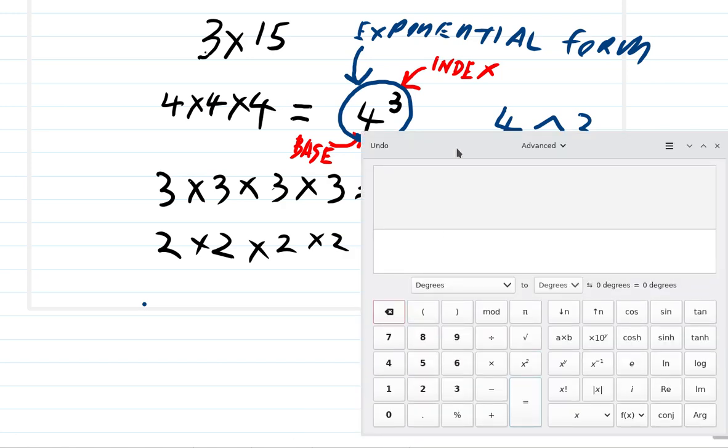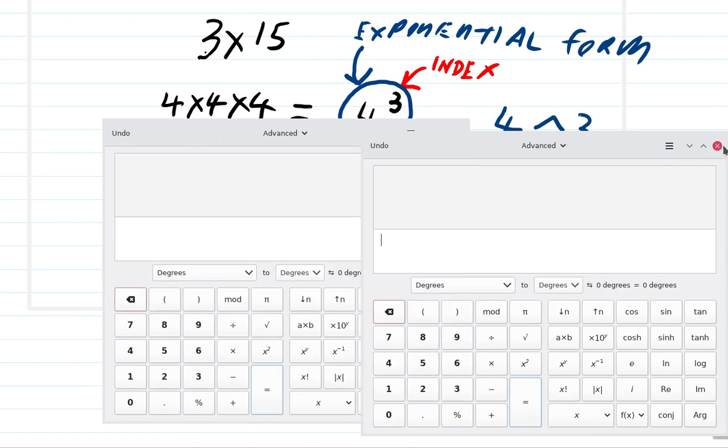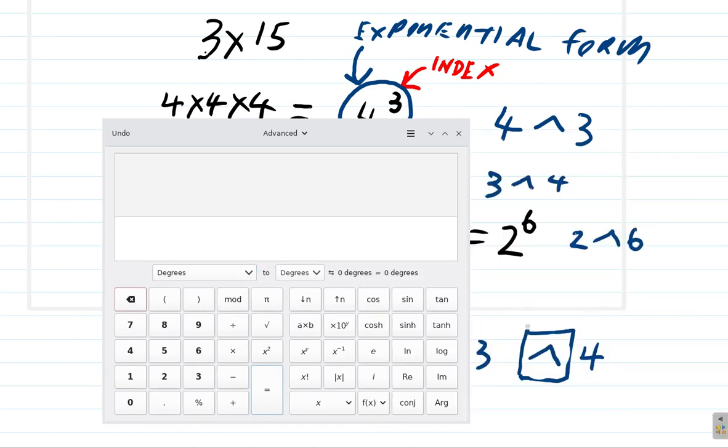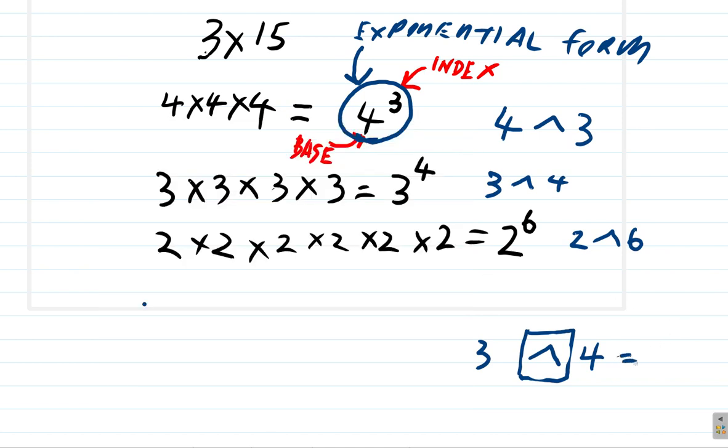Alright. This calculator remains. Now, 3 to the power of 4 equals 81. And that's what we got before, right? When we were working out manually, we get 81. You see that?